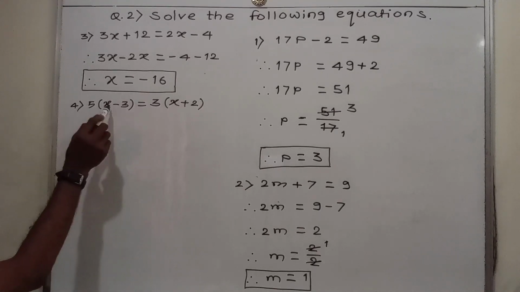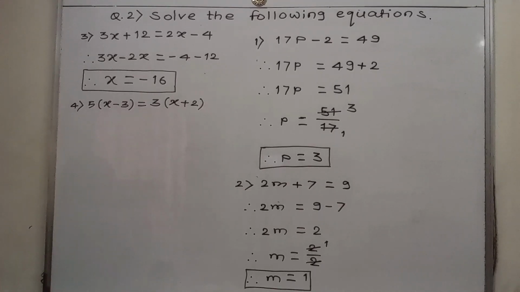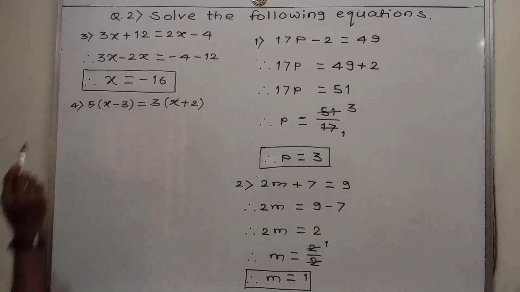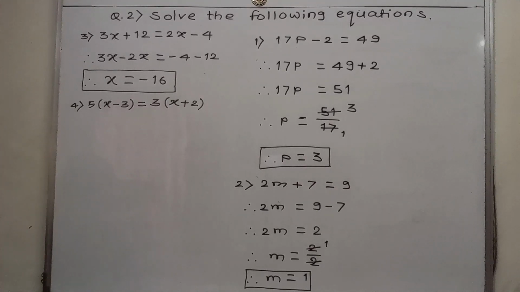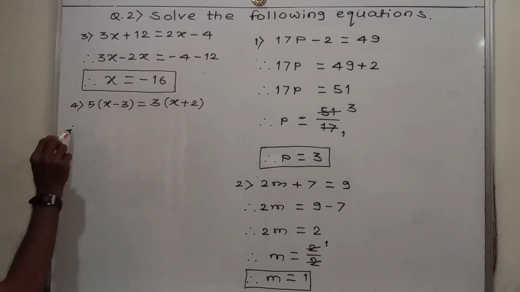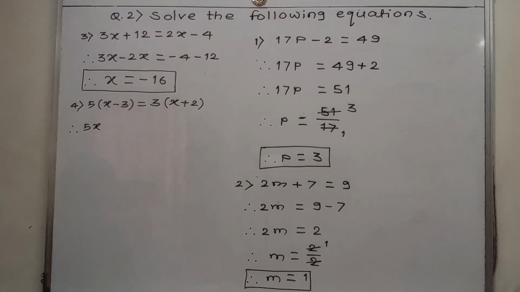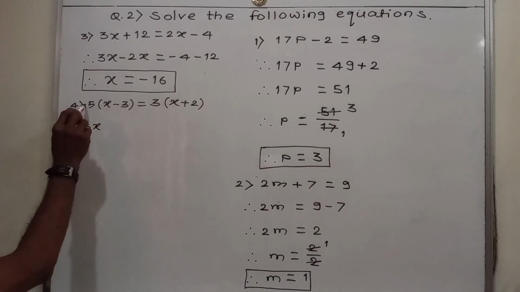Then we multiply the inside terms by this 5. See here 5 into x, 5x, here plus, no sign.